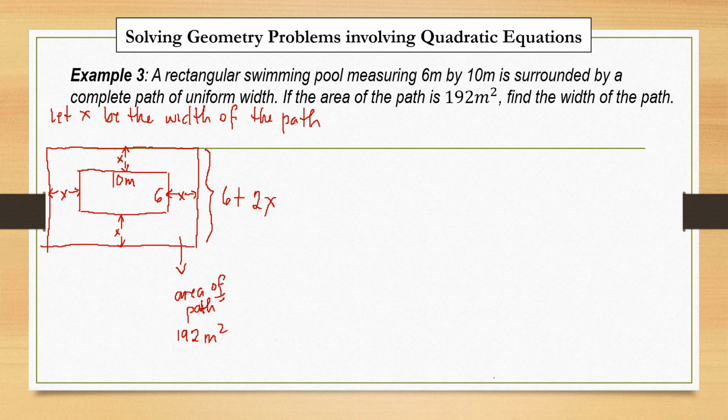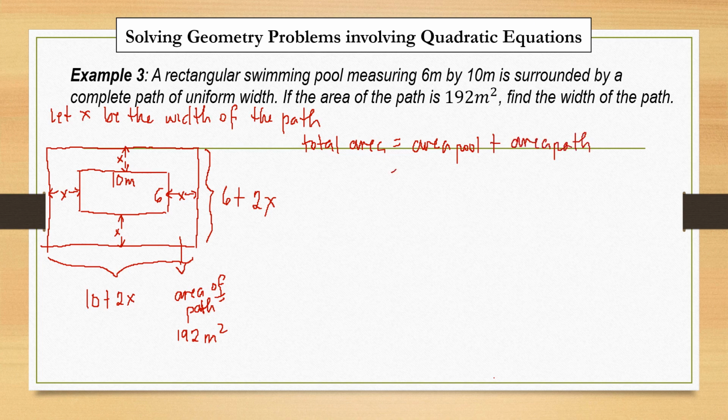Now, for the length, we have 10 plus twice of x. So we know that the total area of the entire figure is equal to the area of the pool plus the area of the path.